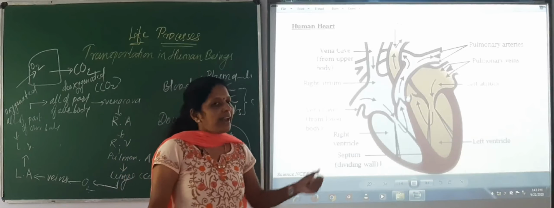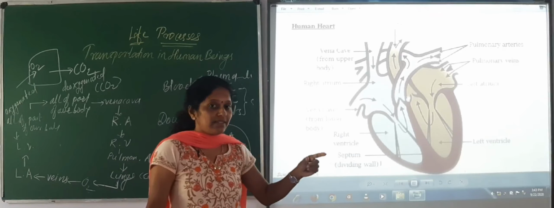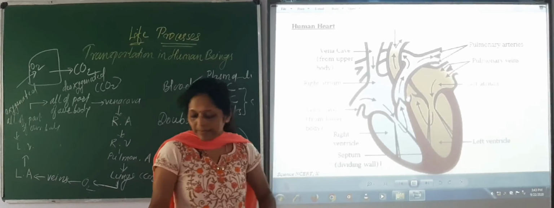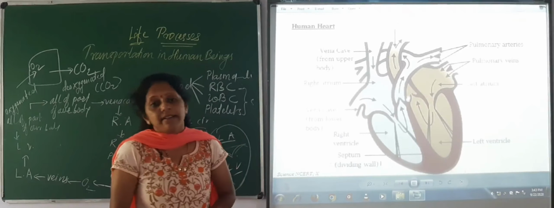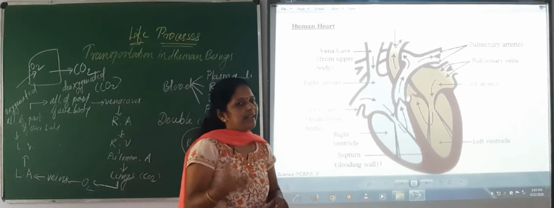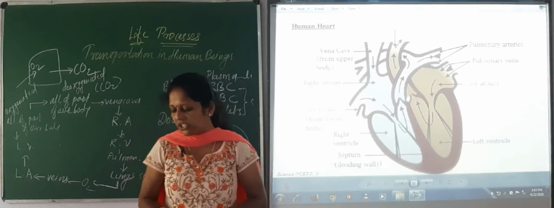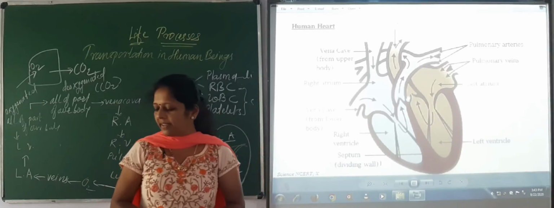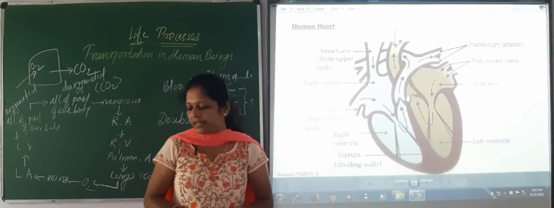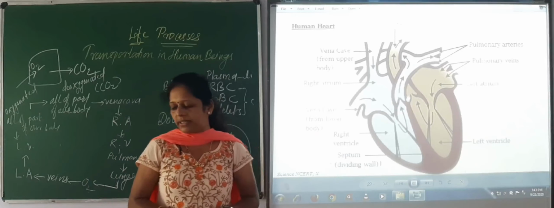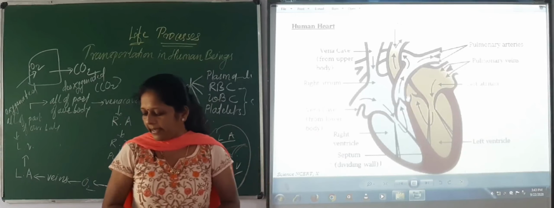When they are contracting, the pressure on the arteries is more, and that is called systolic pressure, and when they are relaxing, it is called diastolic pressure. And as you know, the normal systolic pressure is about 120 mmHg, and diastolic pressure is 80 mmHg.